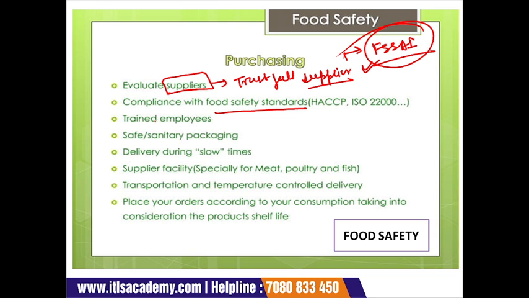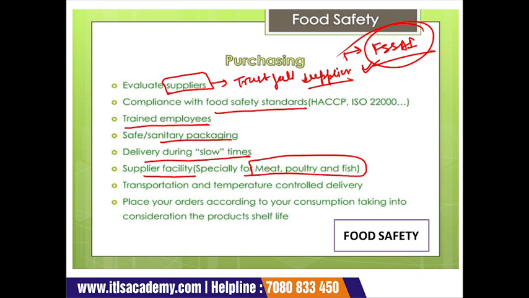Then you have to train your employees on how they purchase or how they order the food product, what quality you have to check during purchasing: safe and sanitary packaging, delivery during slow time, supplier facility, especially for meat, poultry and fish.